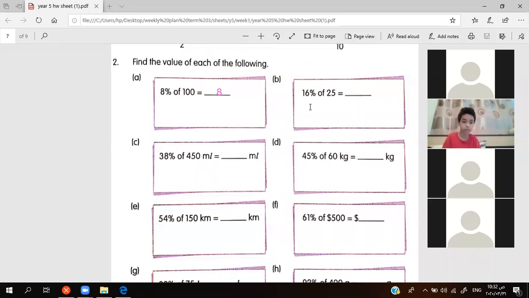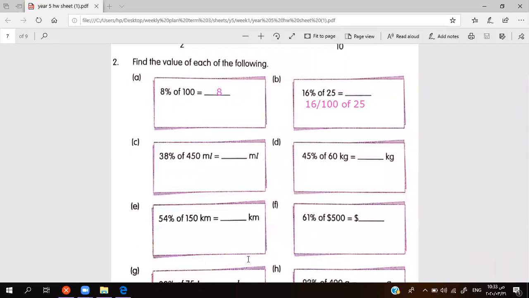16% of 25. Here we will use your knowledge of multiplying using decimals. How can I write this? This is what's important. 16% means 16 over 100. Of 25. So I started to interpret it for myself: 16 over 100 of 25. It's like I'm finding a percentage of a quantity, or a fraction of a quantity, right?